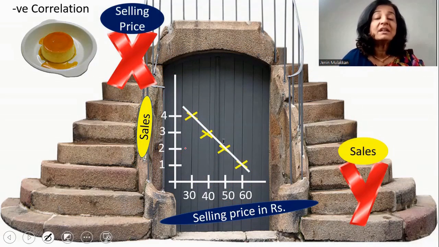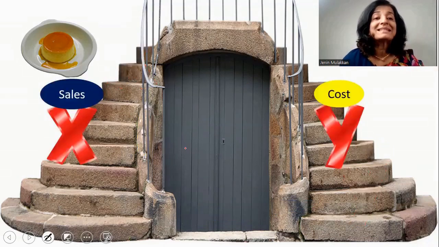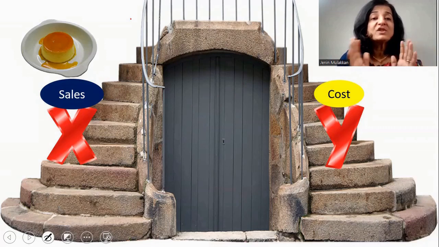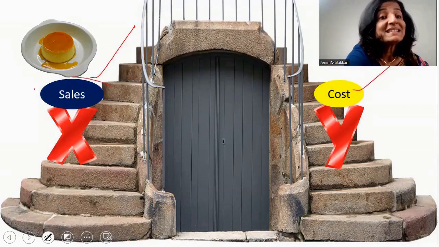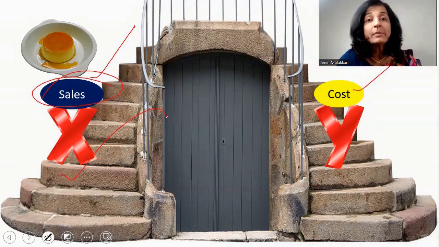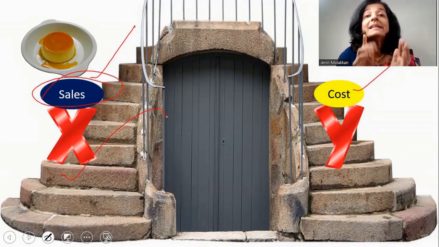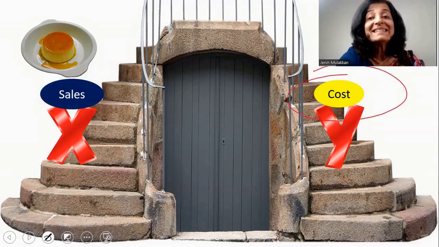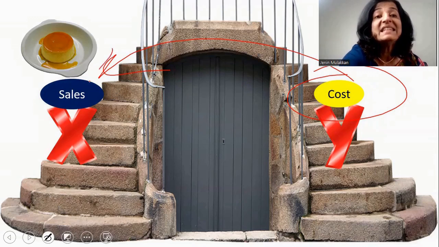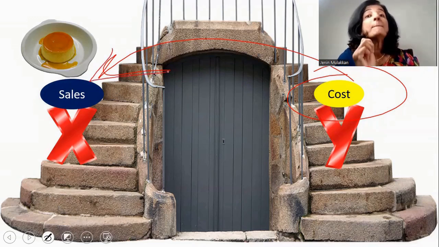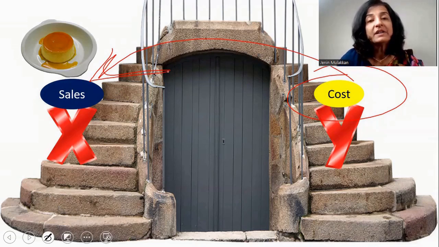Now let's look into the relationship of two other variables, namely sales and cost. Now, when you take these two variables, that is the sales and the cost, then please note that sales has become the x variable, because in this particular case, sales is the independent variable and cost is the dependent variable. That is, the cost of production is dependent on the number of units sold, or it is dependent on the demand of the product.